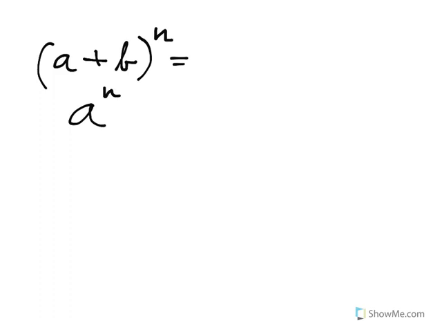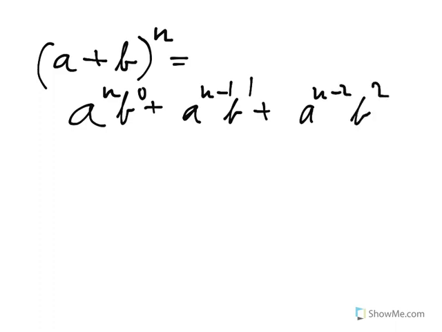It's a to the n, b to the 0. I'm going to leave off the coefficients for now. a to the n minus 1, b to the first, a to the n minus 2, b to the second. I'll just go one more term. Just say dot, dot, dot.